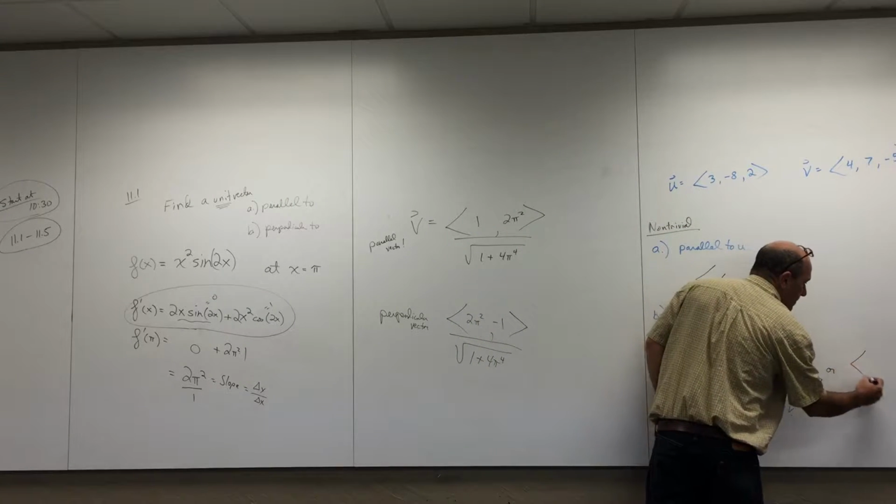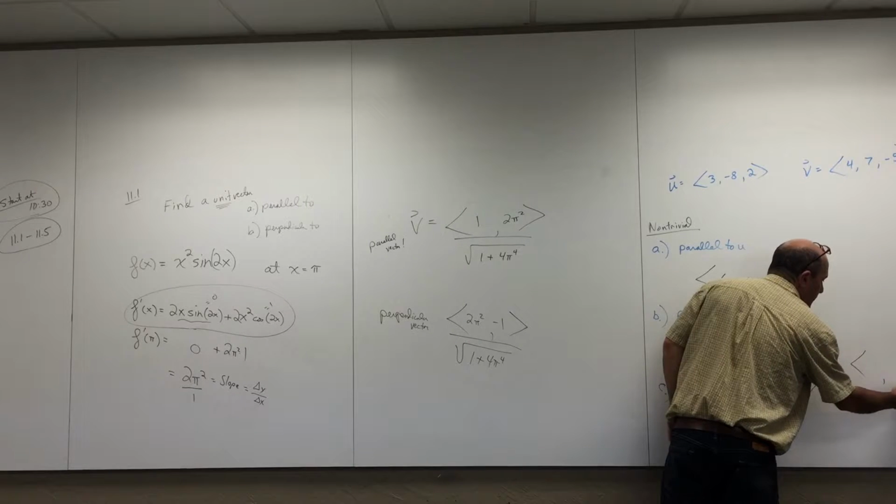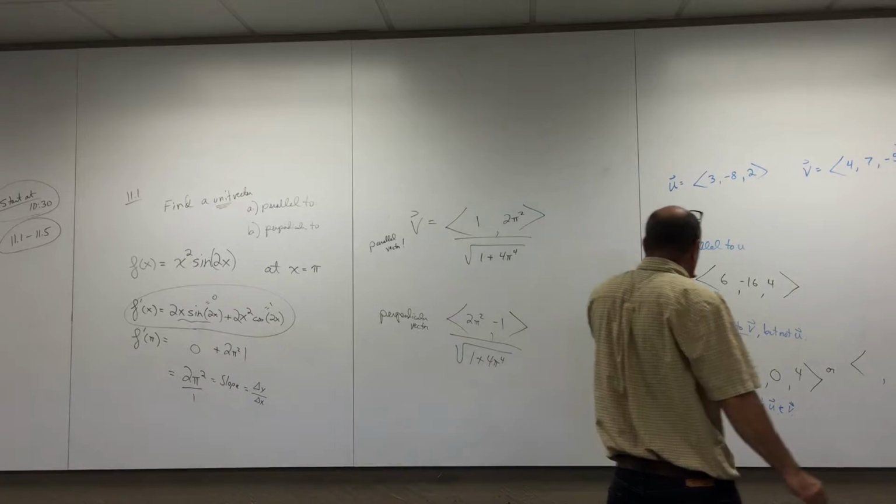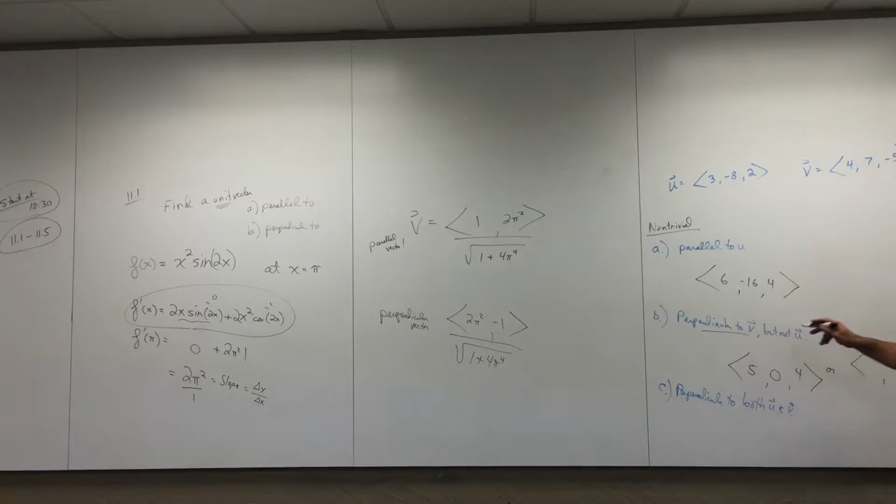Could you find a parallel vector to v and then cross product them? What am I looking for? Now wait a minute. I'm looking for a perpendicular vector to v. So parallel to v. I don't think you can cross product because if they're parallel, they're not touching. So you can't.